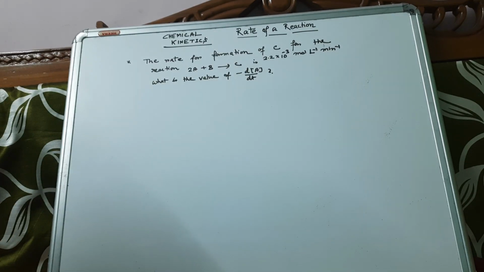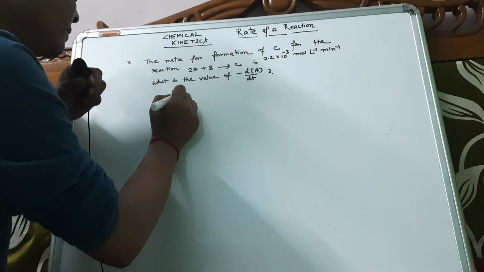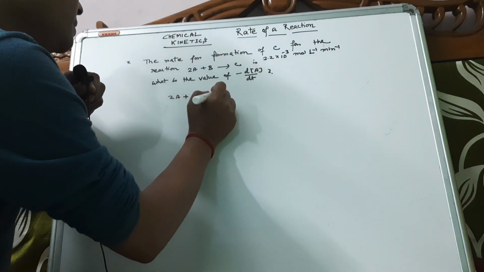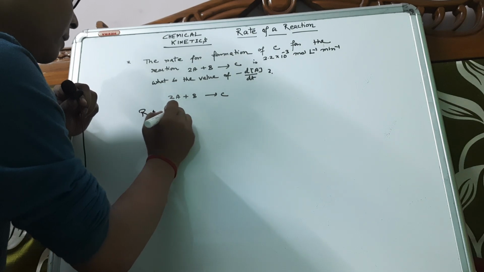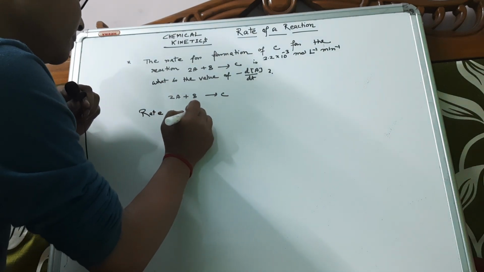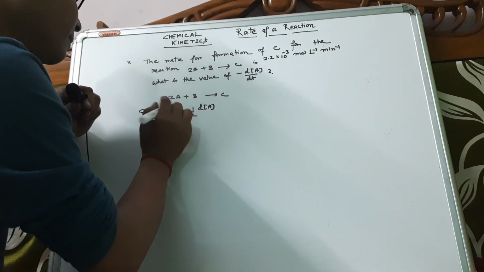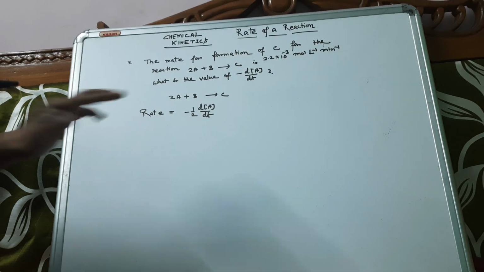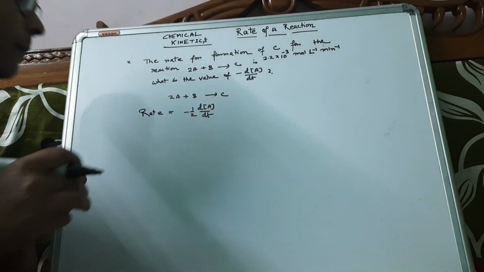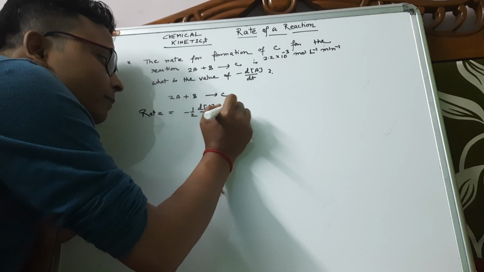If such a kind of question is asked in your MCQ, you will solve it easily. The reaction given is 2A plus B to C. So rate in terms of A is minus 1 by 2 dA by dt, one upon the stoichiometric coefficient, and this equals the rate.